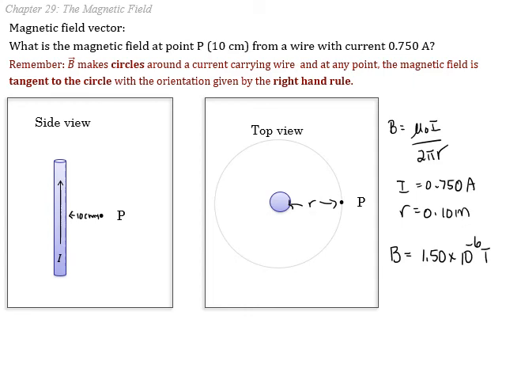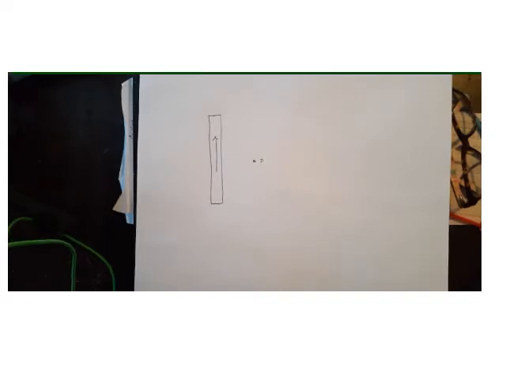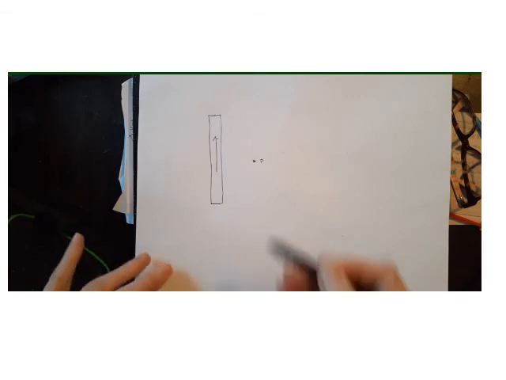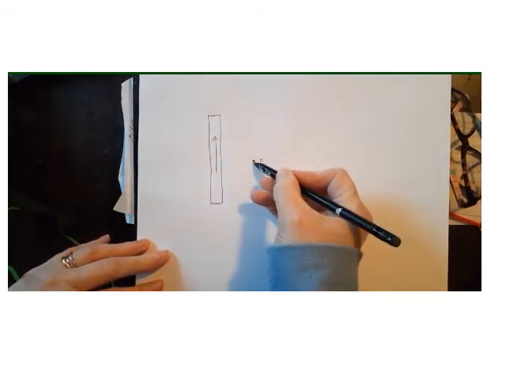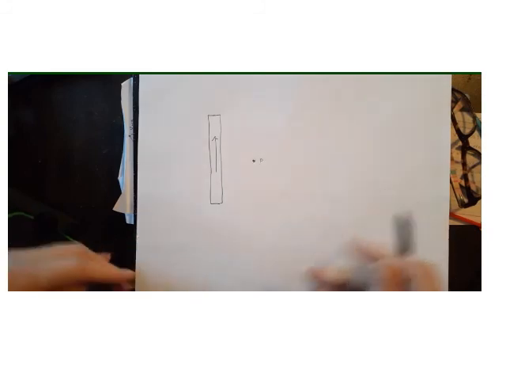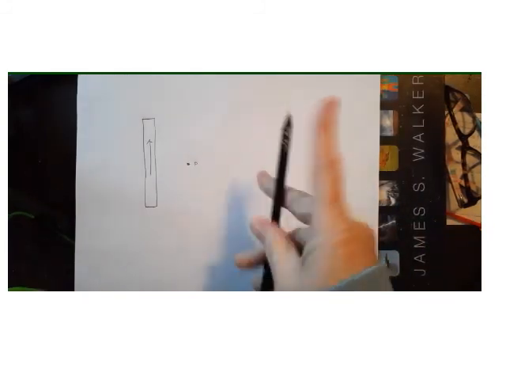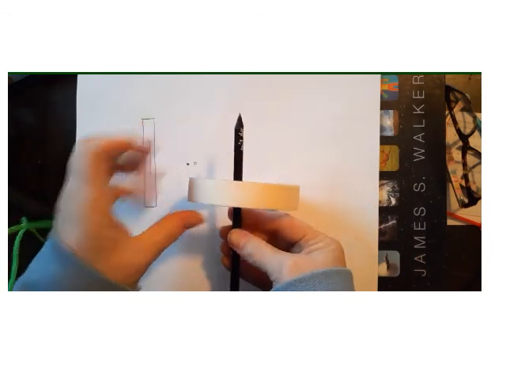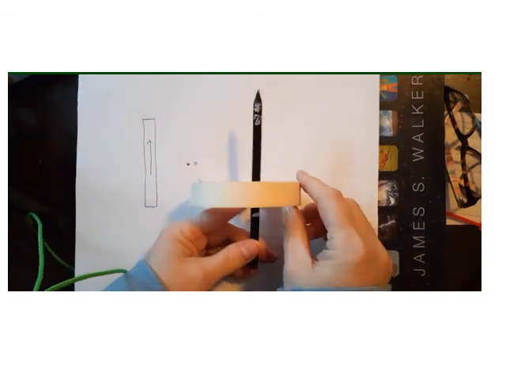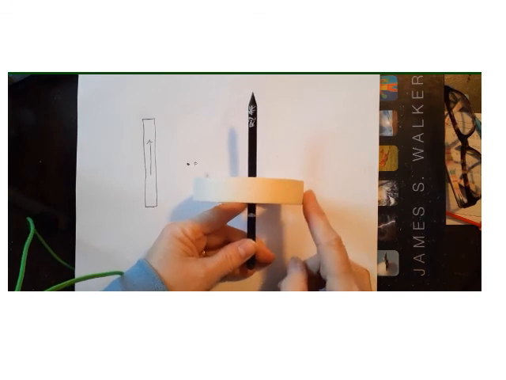To get our direction, we'll use the right-hand rule. Let's use the right-hand rule to find the direction of the magnetic field in a current-carrying wire at point P. So the current in our wire goes straight up and we'd like to find the magnetic field right here. So let's say my pencil is my current. I know my magnetic field makes big circles and I'm trying to find the magnetic field at this point right here.